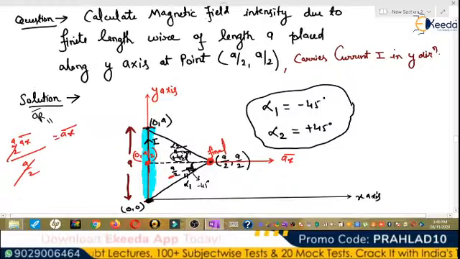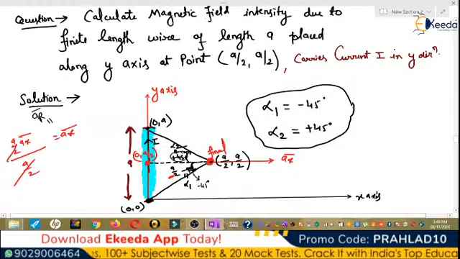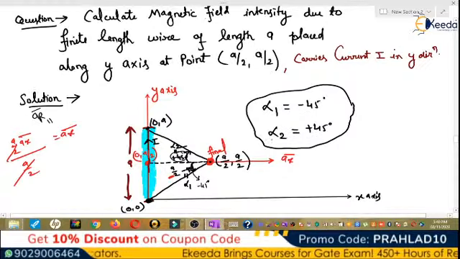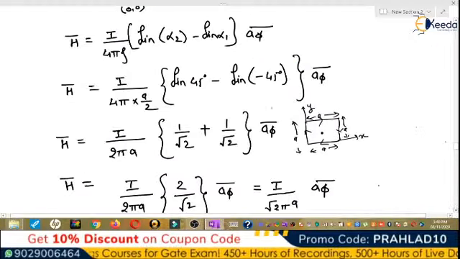So this is the final point where we have to calculate the magnetic field, at point (a/2, a/2). So the initial point obviously will be (0, a/2). Lower limit is (0, 0) and upper limit is (0, a). So the value of alpha 1 is minus 45 and the value of alpha 2 is plus 45.